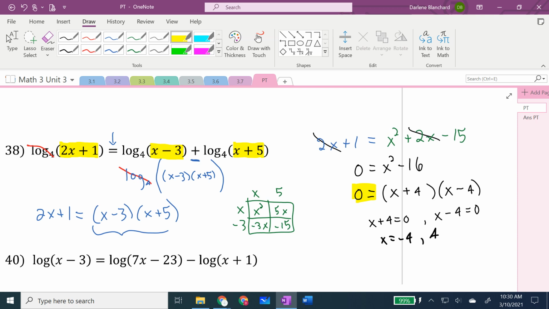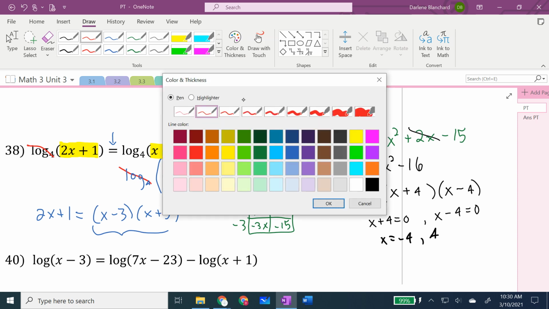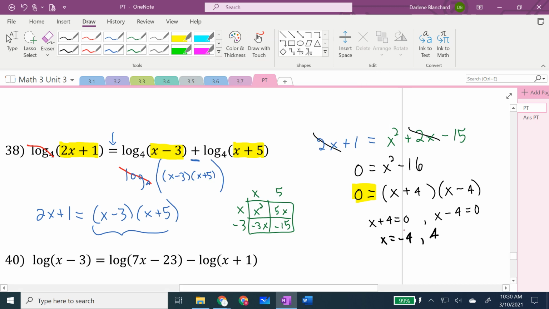I can see pretty quickly -4 is a problem. If I try to plug -4 into this x, I can see really quickly I've got a negative number. If it makes any one of those have a negative input, it's out.